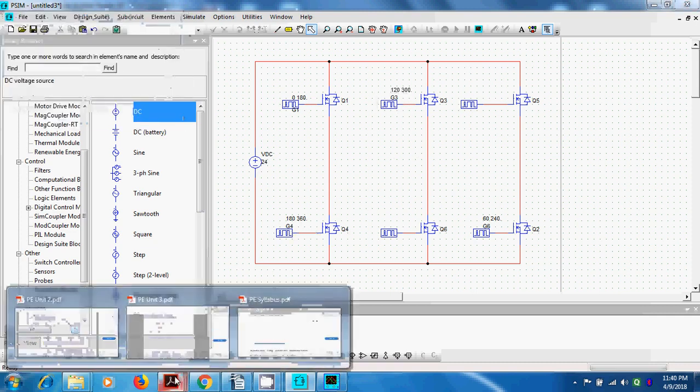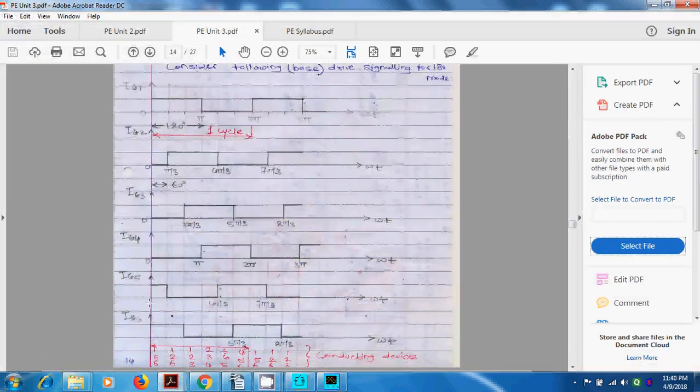But if you see the fifth one, G5, here 0 to 60 and 240 to 360. 0 to 60, that is 60 degrees, 240 to 360, that is 120. So the total is 180. So we have to see that there are four points, that is 0, 60, and 240, 360.